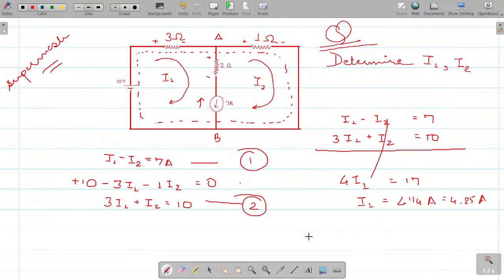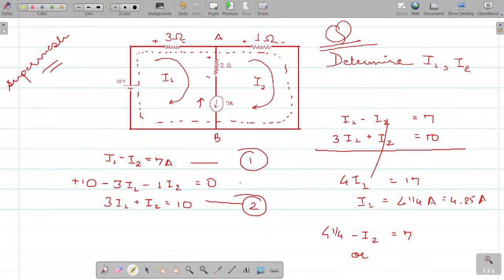Now if I replace it here, 4 1 by 4 minus I2 is equal to 7, or I2 is equal to 7 minus 4 1 by 4.